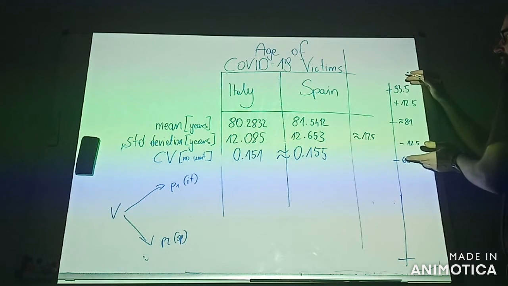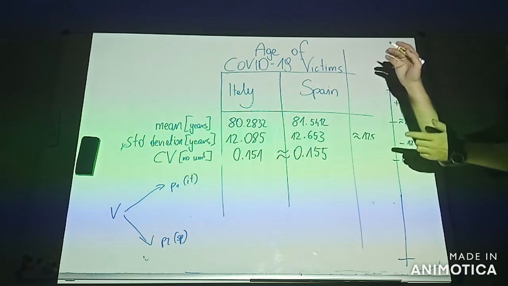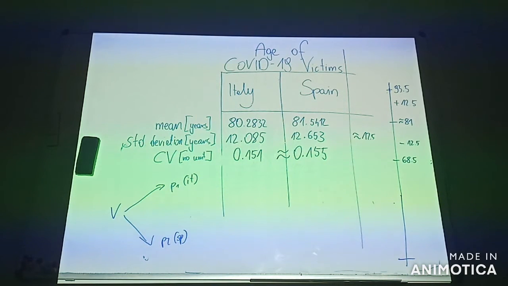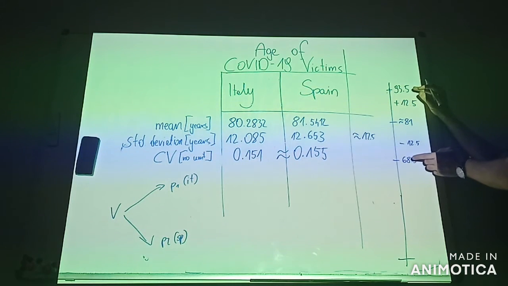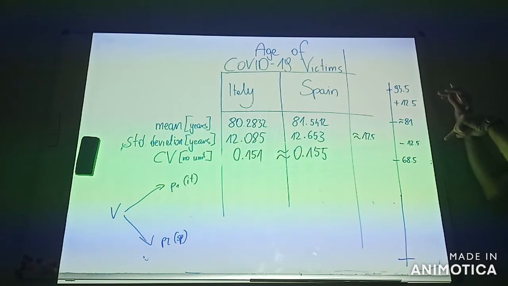Here we have the group in which we have the most number of deaths due to COVID-19. So this group is the group most at risk due to COVID-19 disease.